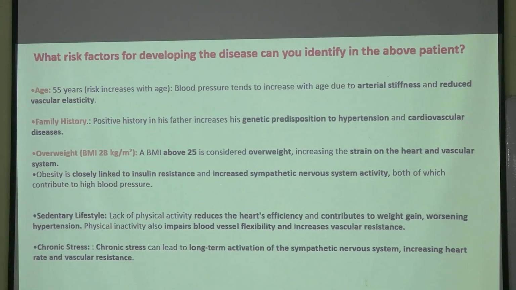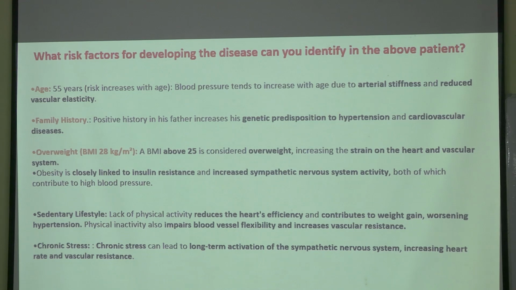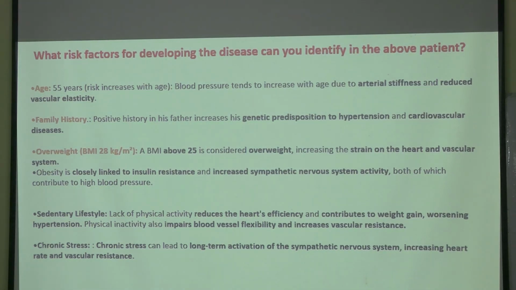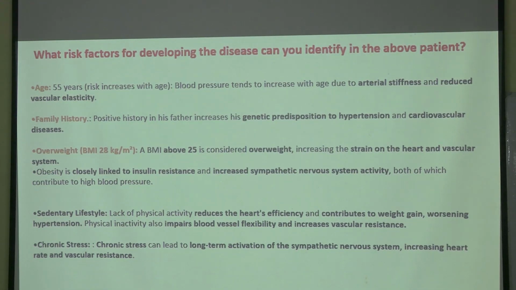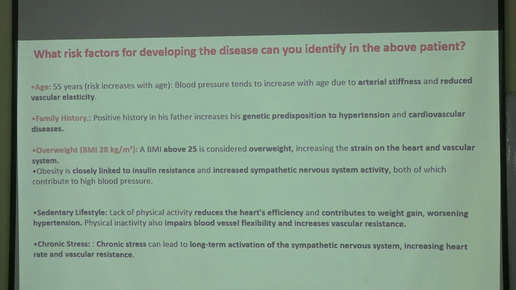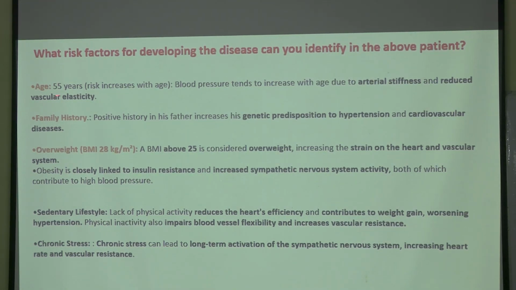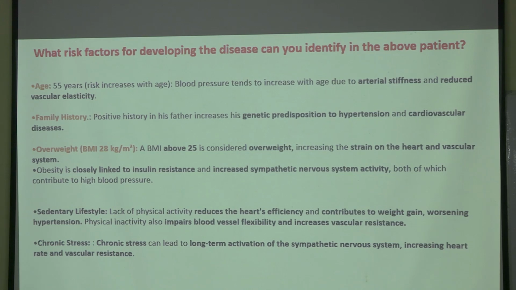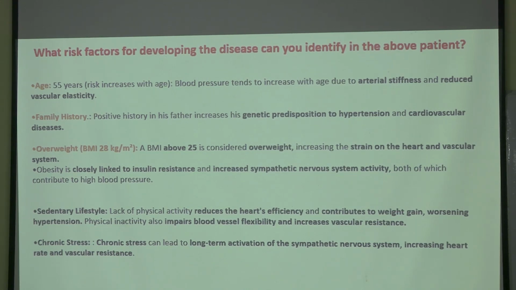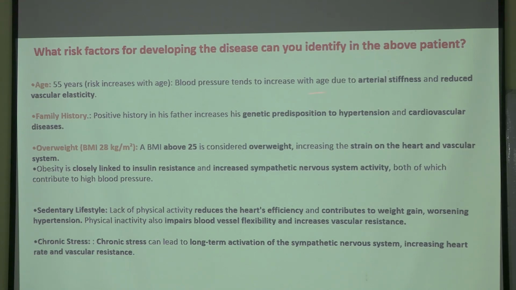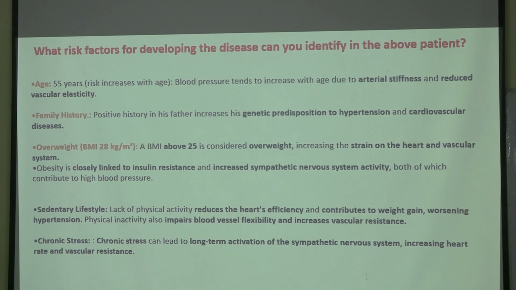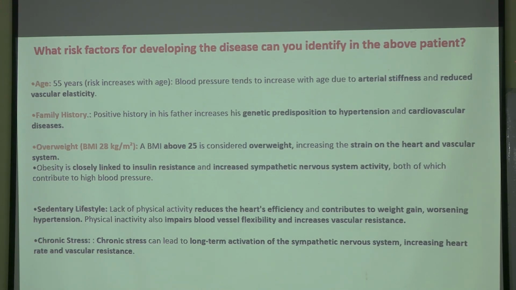As I have already mentioned, there are a number of risk factors. Now, the question is, how do these risk factors help in the development of this disease, right? Now, you can see age is an important influencing factor of blood pressure. So, how does it influence blood pressure? You can see with the increase of age, there are changes in the arterial conditions, right?